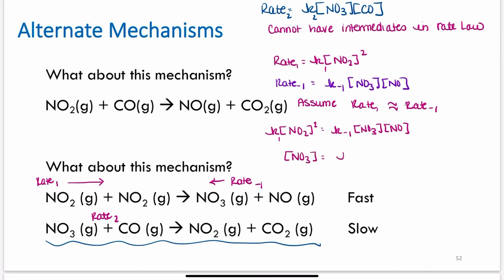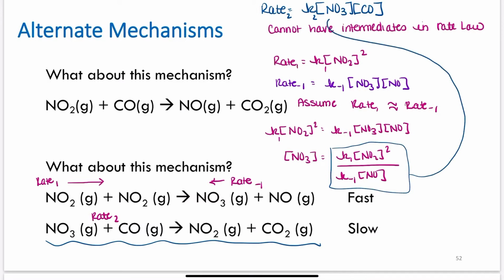So if I do that, I get K1 times NO2 squared divided by K minus 1 times NO. I'm then going to substitute this in for NO3, and I'm going to run out of room.